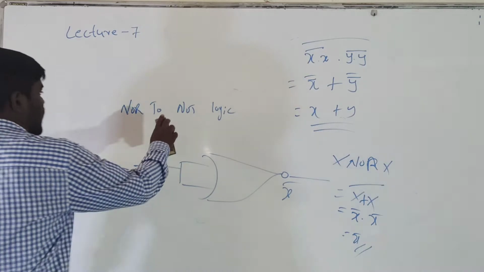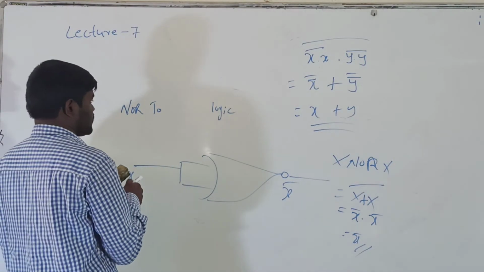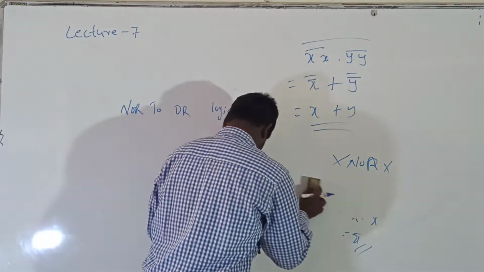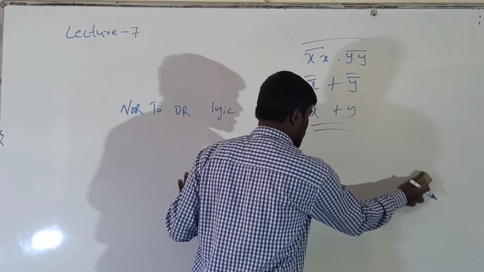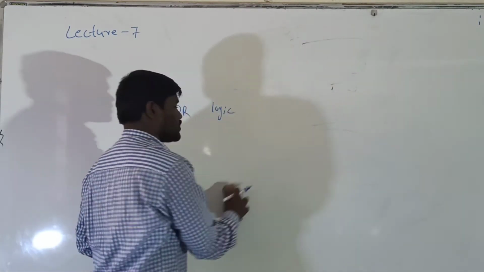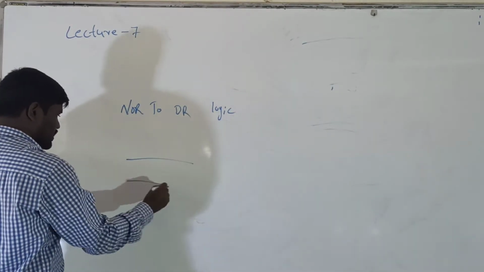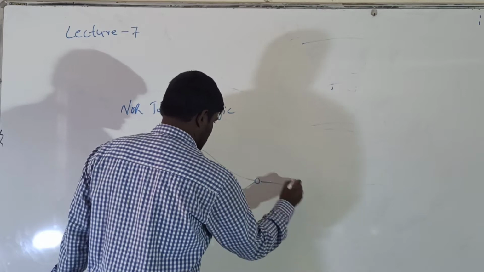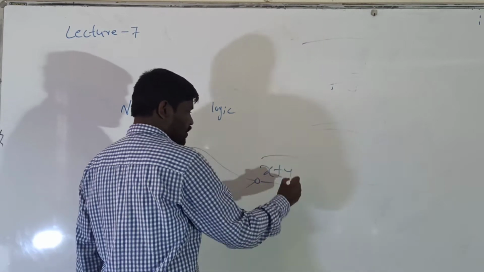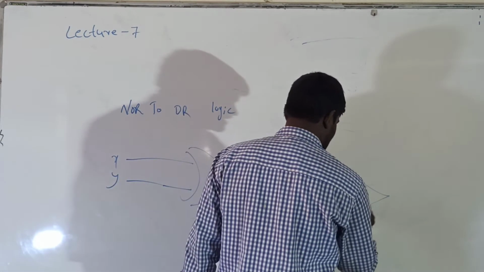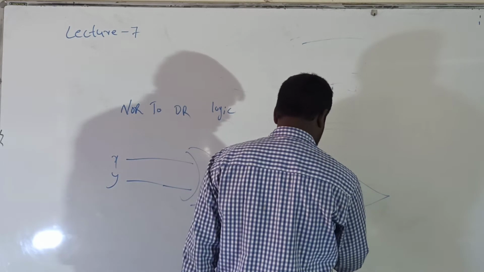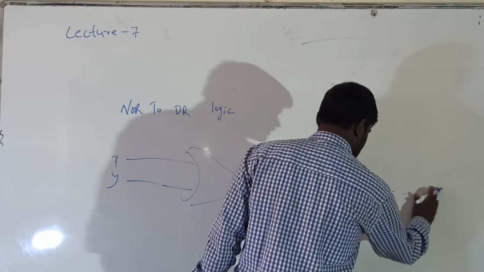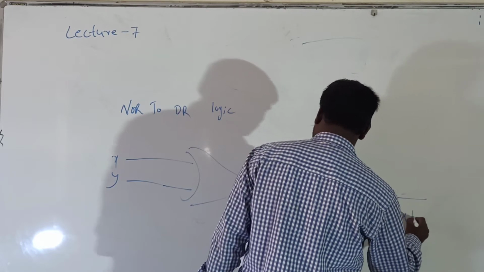Next is NOR to OR. So NOR to OR means here x, y is there, x plus y whole bar. Next you can apply it again, giving x plus y.